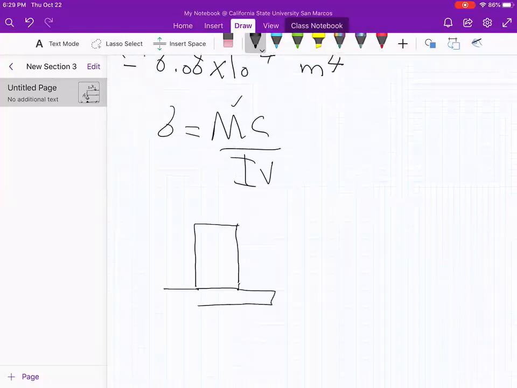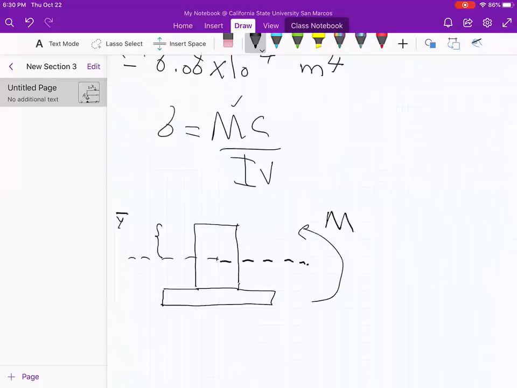I don't want to make it busy, just the necessary items. So this is the section and this is the moment on that. So the y bar, we find the y bar. Here, y bar is 0.1880.